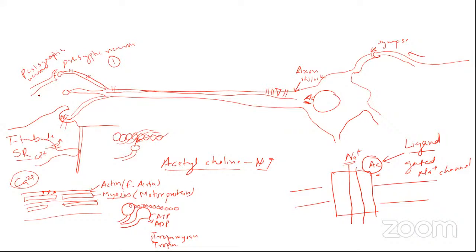But you want this muscle to contract fast, or you want this neuron to carry the message fast. What will you do then? Do you think this is a valid question to ask?